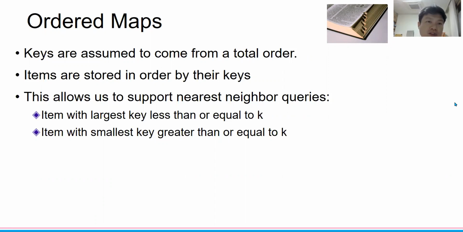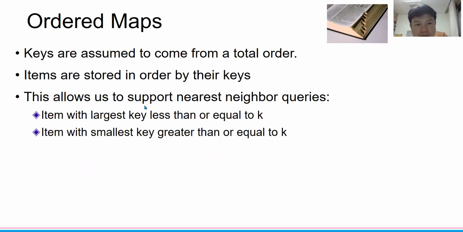Keys are assumed to come from a total order. It means you already learned in the maps that we have the total order relation. I hope you can remember the mathematical concept of the total order relation. And we have items, which are stored in order by their keys.